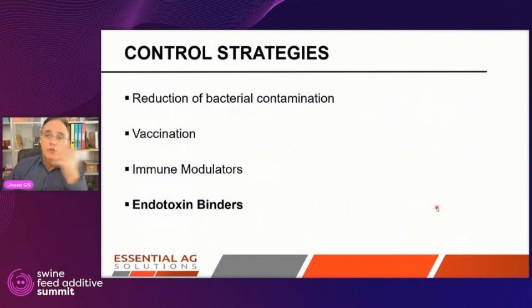So what are the control strategies that we can take in order to try to mitigate the issue? Obviously, any action that results in a reduction of bacterial contamination will help.